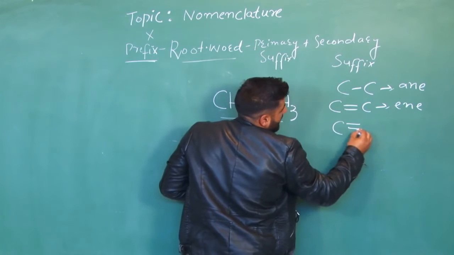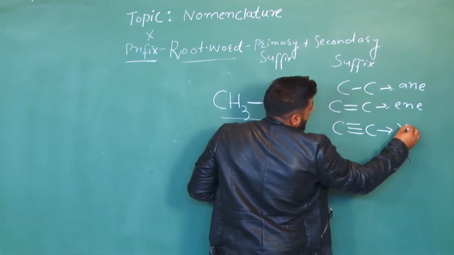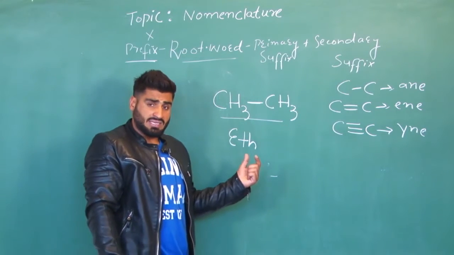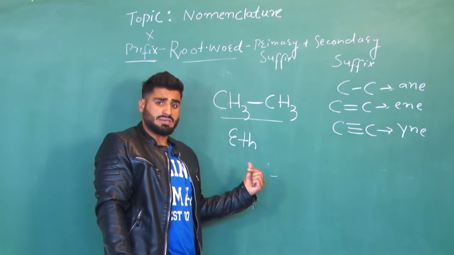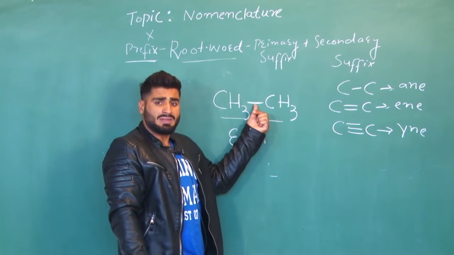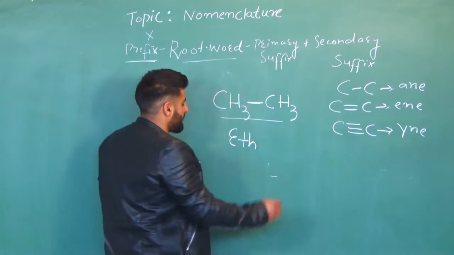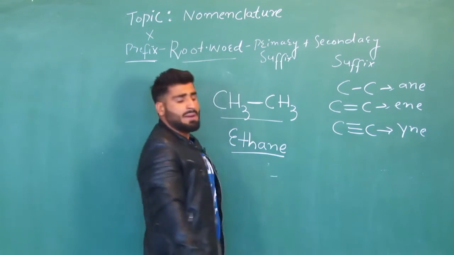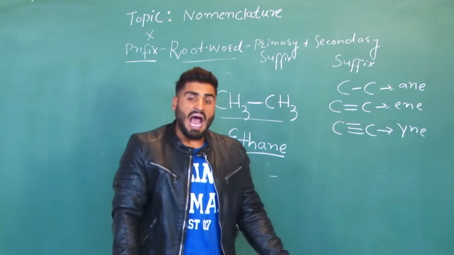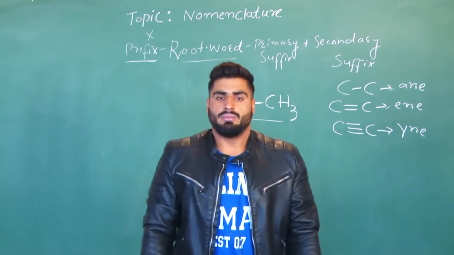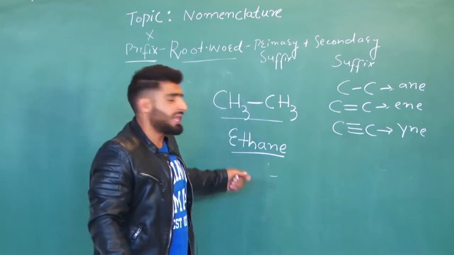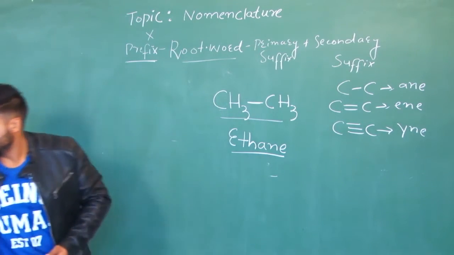For a carbon-carbon triple bond, we use yne. As these things are already discussed in the previous classes, this compound is ethane.